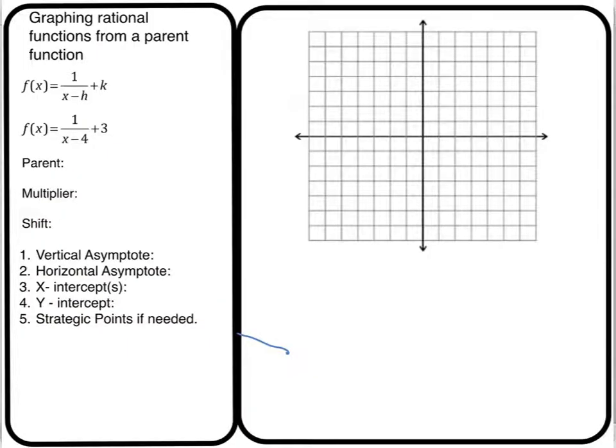Okay, so first things first, we need to take a look at how to graph these using a shift format. So the first thing we want to realize is that when I have this type of format, this part right here is going to be our multiplier, and this part right here, the H, means that we're going to shift the entire graph left to right in the opposite direction.